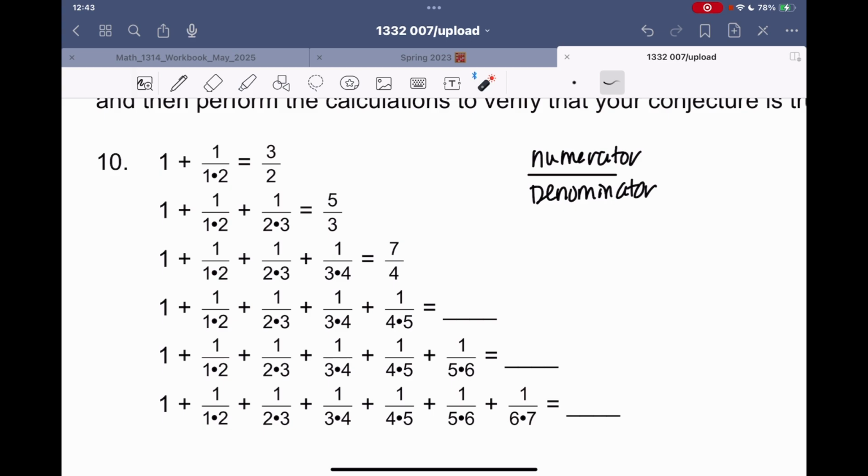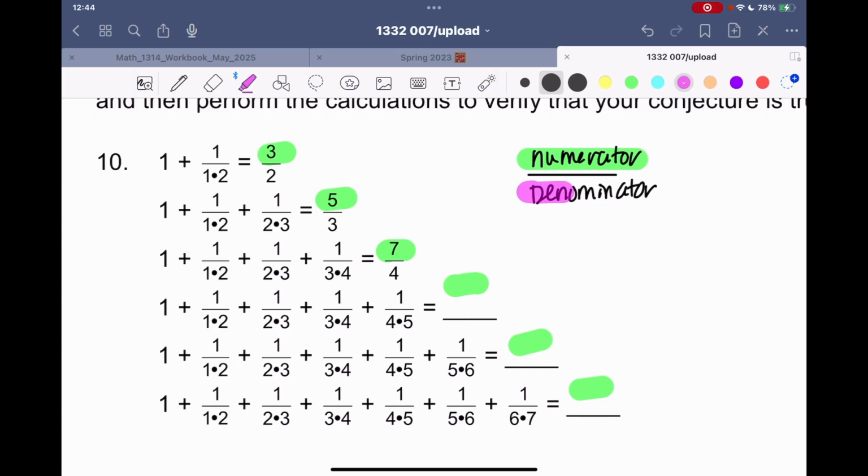That's going to just take a little bit longer for your homework. I'm going to go ahead and concern myself with what's happening here. So again, if I'm looking at numerators, just the top number, let's look at a pattern that we can develop. And then if we're looking at denominators, let's look at the pattern we can develop there as well.